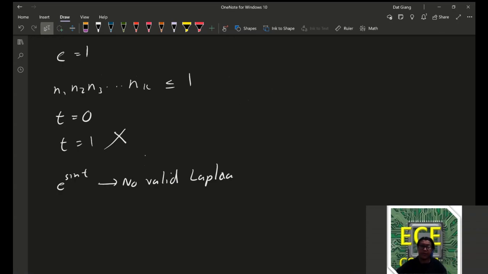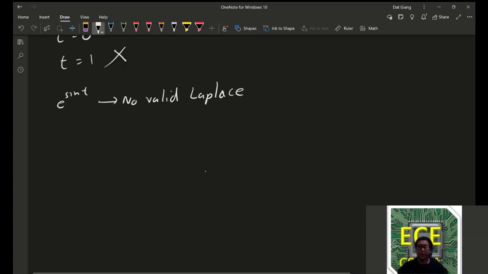Now, maybe approximately, it could have a Laplace transform. If we consider that t is maybe really small, then we could probably do that. Except even then, that argument is invalid because we're integrating from 0 to infinity, and infinity is not a small time. So we are led to the conclusion that this has no valid Laplace transform.